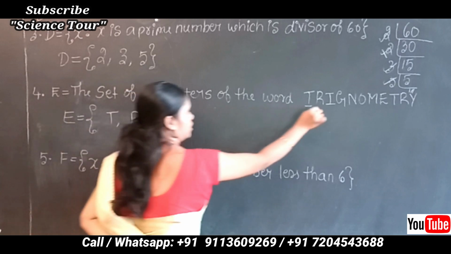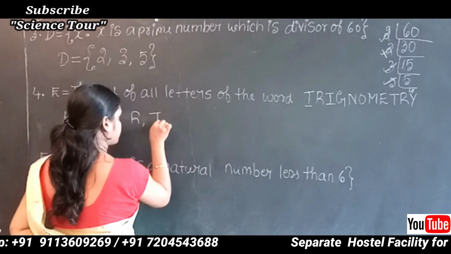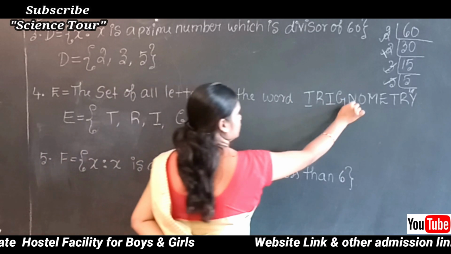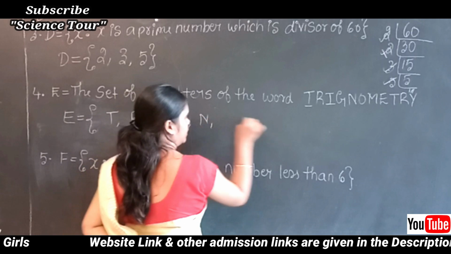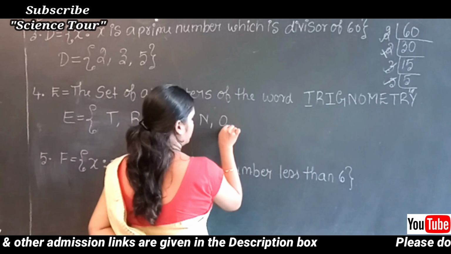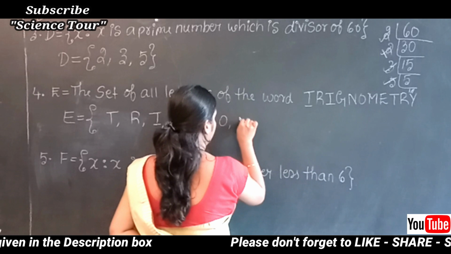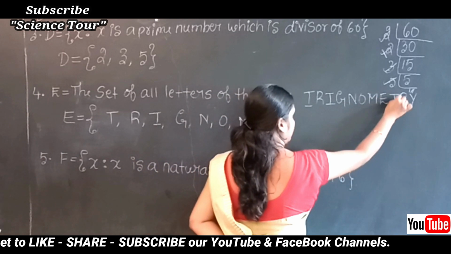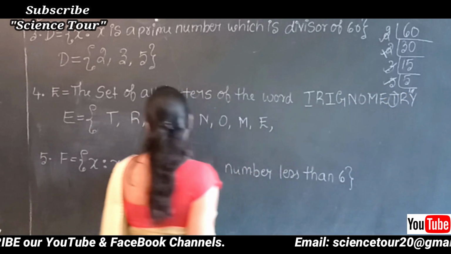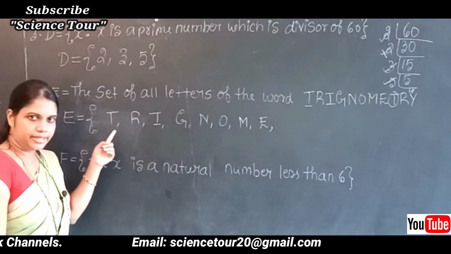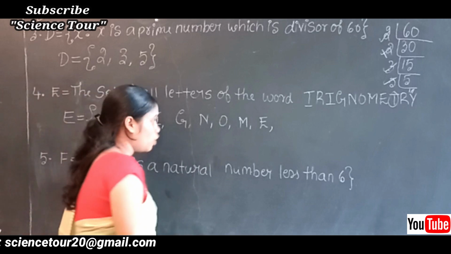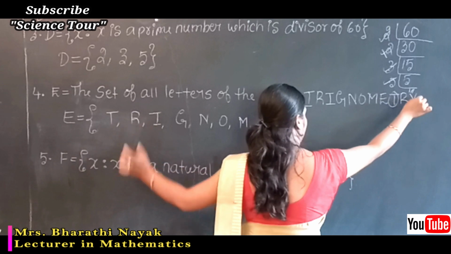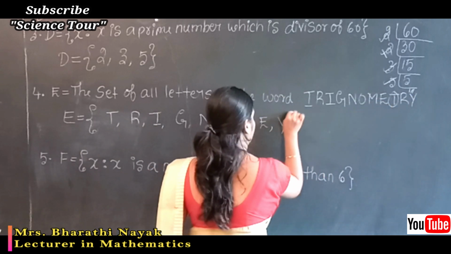R. Next, the third letter, I. The fourth letter, G. Next, N. Next, O. Next, M. Next, E. Next, T, but T already exists here. T is already written, so don't write it once again. Only once you have to write. Next R, R is also already written. Next Y.